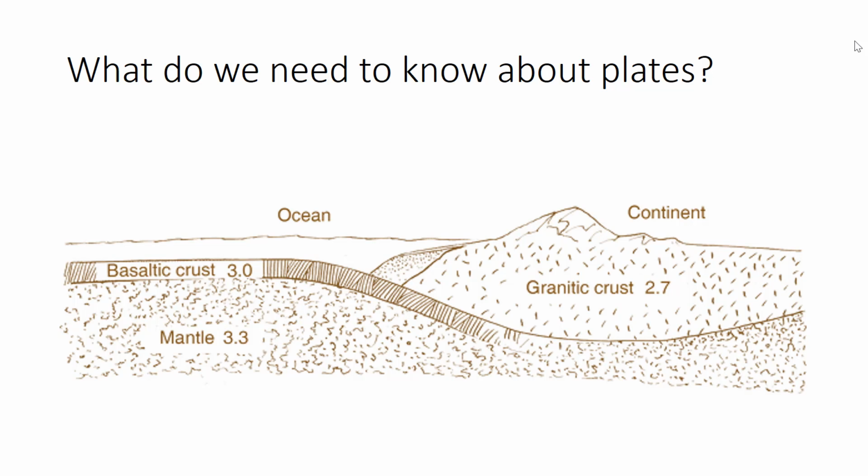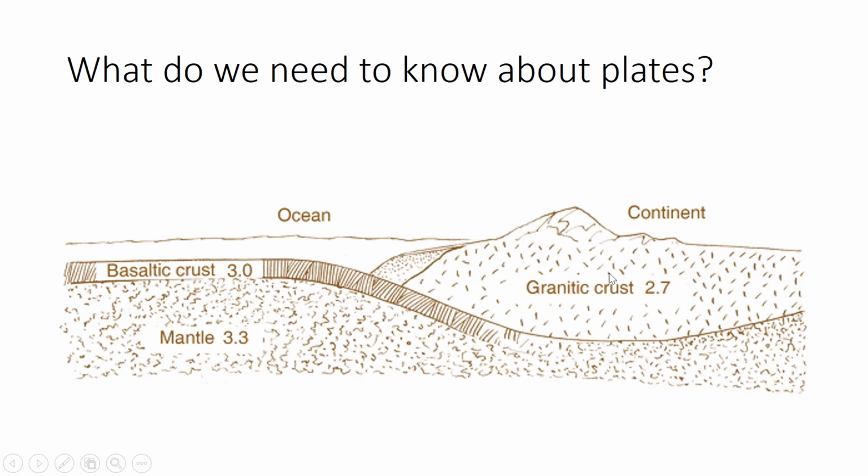So what do we need to know about plates in order to fully understand the rest of this story? Well, the main thing here is you have to remember, we've talked about this before, I believe, that continental plates are made primarily of granite, granitic crust, and have a specific gravity of 2.7, so heavier than water. But if you look at the basaltic crust here that underlies the oceans and forms our oceanic plates, these have a higher specific gravity.